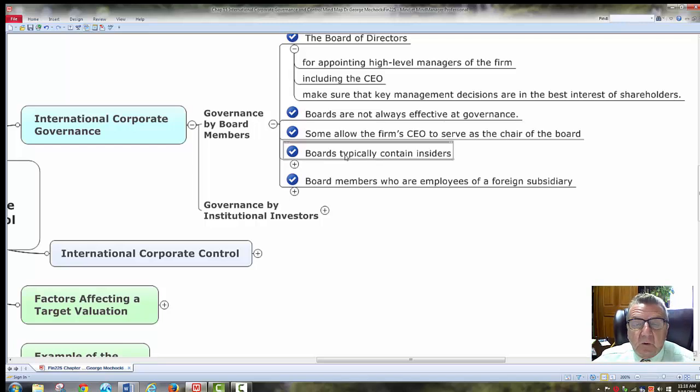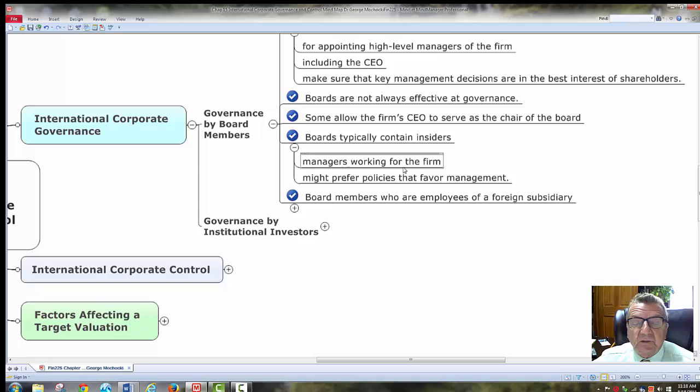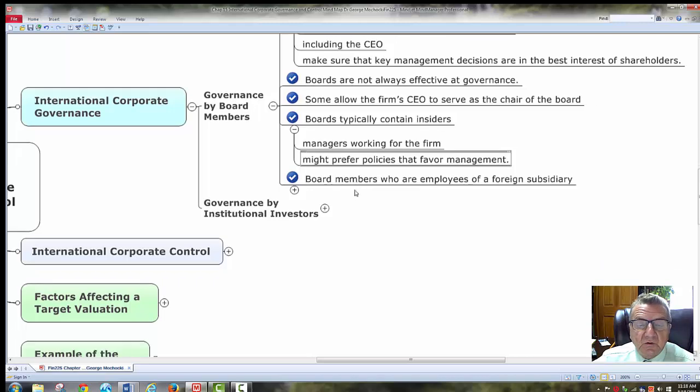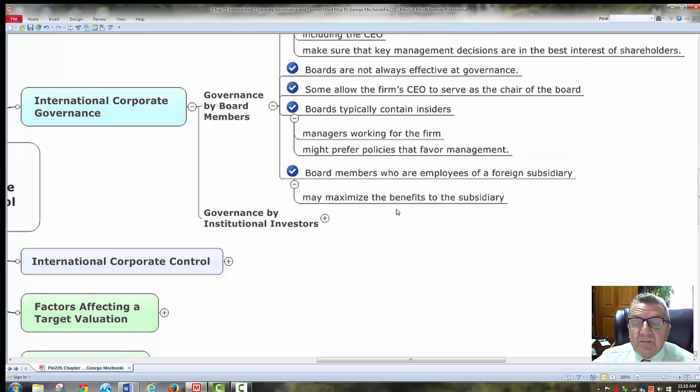You have to understand, boards typically contain insiders, managers working for the firm. The problem with that is, when you have managers working for the firm who are on the board, they might prefer policies that favor management and not necessarily the shareholders. Board members who are employees of a foreign subsidiary may maximize the benefits of the subsidiary.